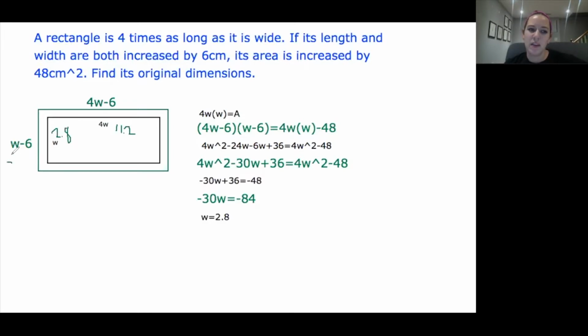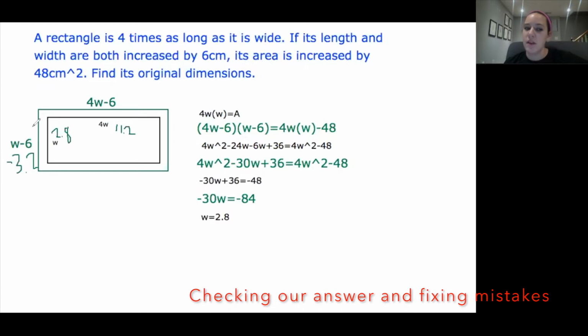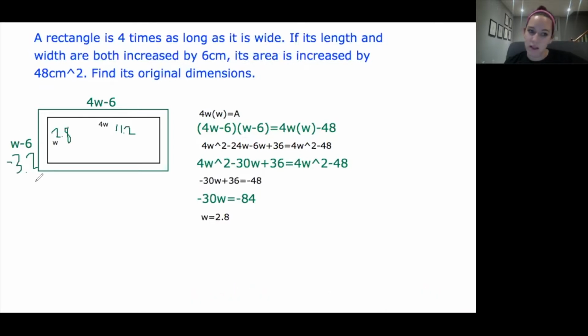How can we have a negative width? And really, it can't be smaller. It doesn't matter what we start with, if we subtract 6, it's always going to get smaller. So that would be W plus 6.